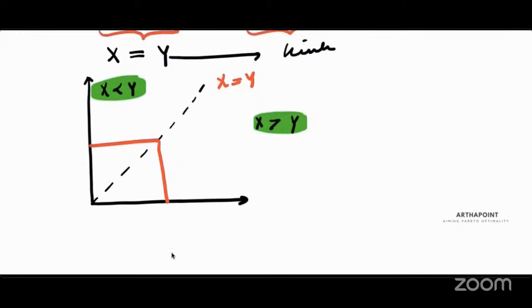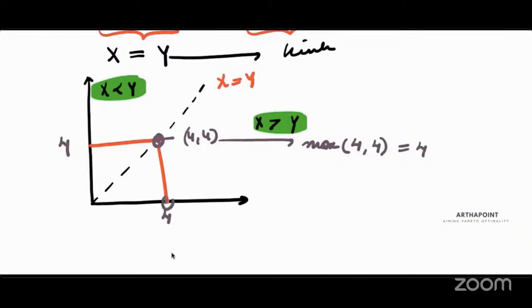So the indifference curve for a max function is inverse L-shaped. And this makes sense. Take this example. For example, I have 4 here, and this is a point which is 4, 4. So the max of 4, 4 will simply be 4.